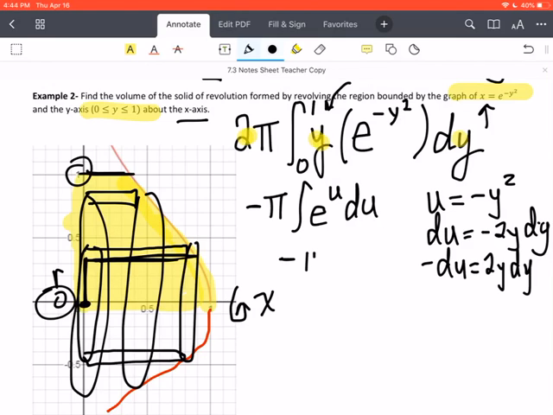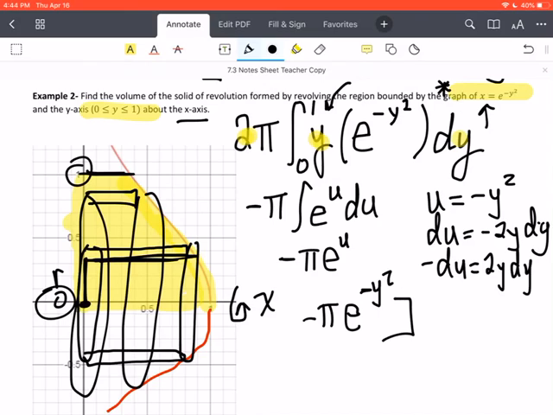So negative pi e to the u, leaving my limits off for a second. When I make my u substitution back, I have negative pi e to the negative y squared. You can certainly try to take the derivative of this using the chain rule, and guess what? You're going to get back to this original function right here.